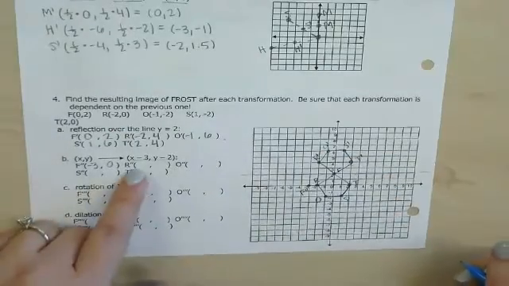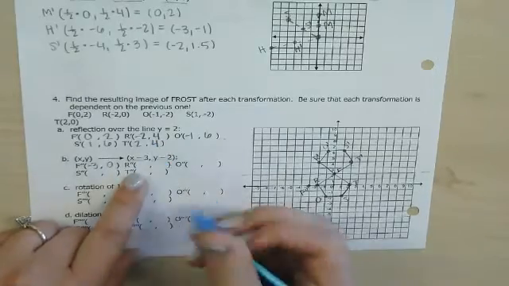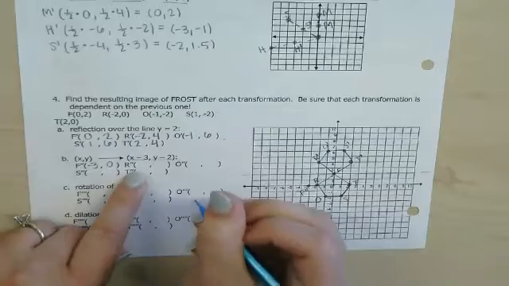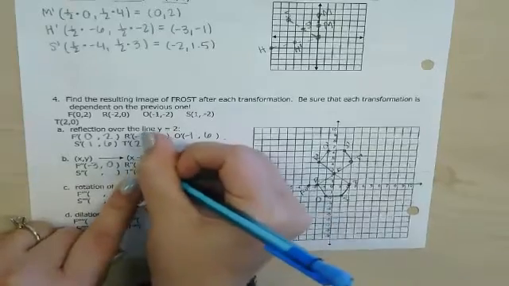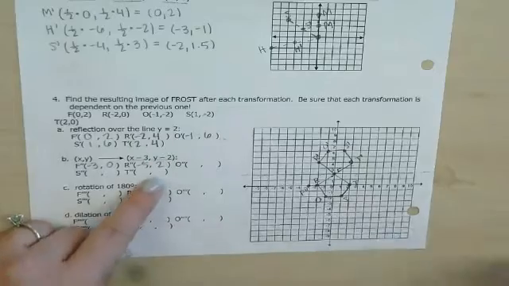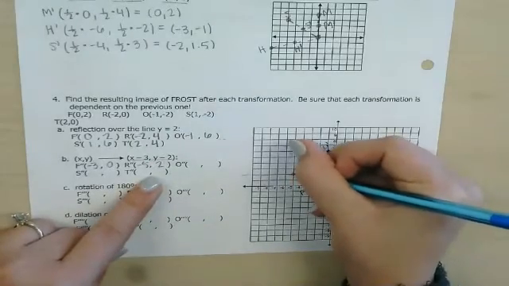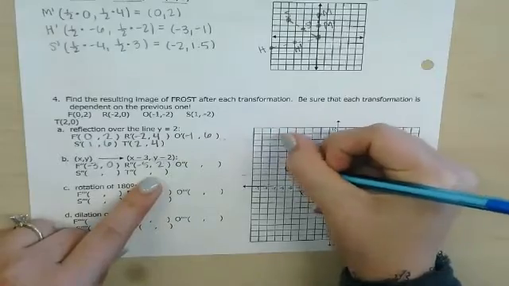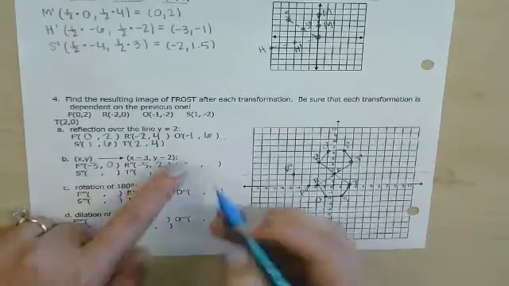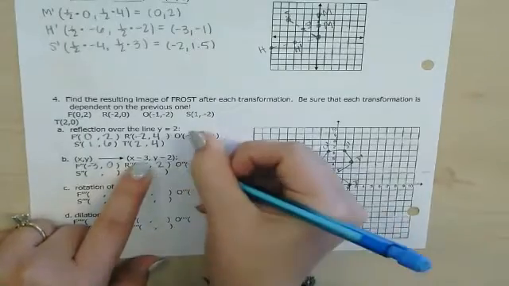Same thing for R. I'm looking at these points. What's negative 2 minus 3? Negative 5. And what's 4 minus 2? 2. So our R double prime is at negative 5, positive 2. Right here, what is negative 1 minus 3? Negative 4.